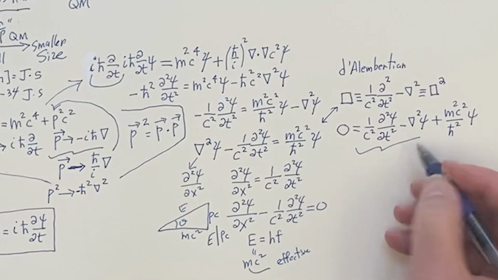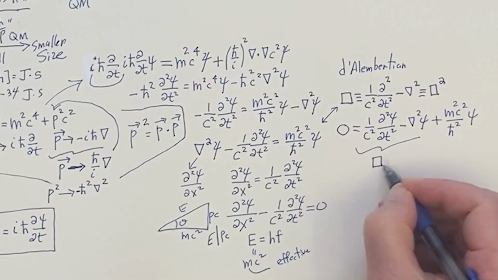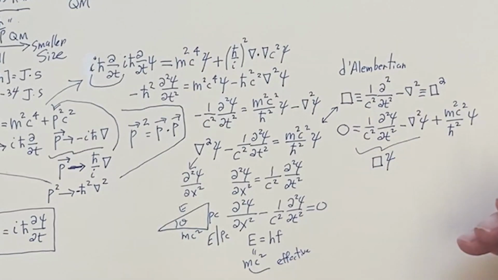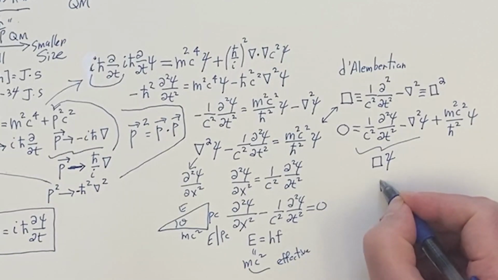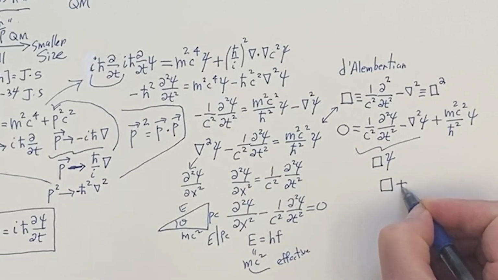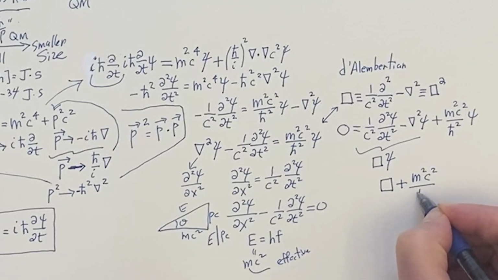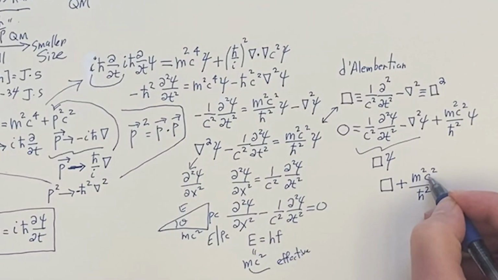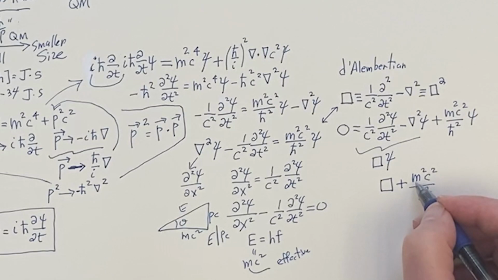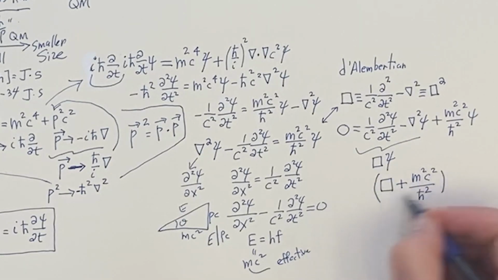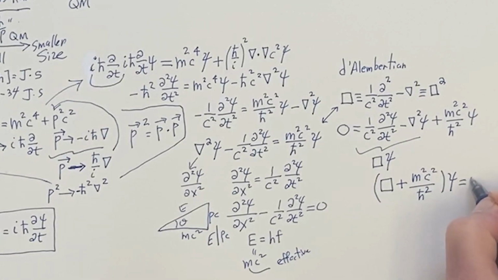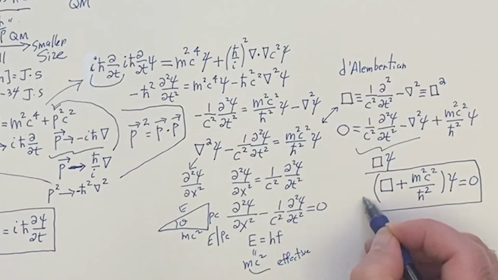But see, then all this is the D'Alembertian working on that. So you could have this cool equation, the D'Alembertian plus m squared c squared over h bar squared. Isn't that nice? You have the relativity constant, you have the quantum mechanics constant, and then you have the mass of the particle. You have this equal to 0. That's a very cool way to write the Klein-Gordon equation.